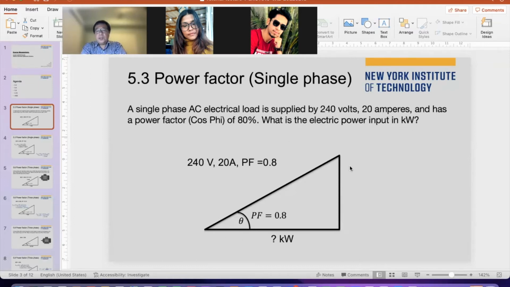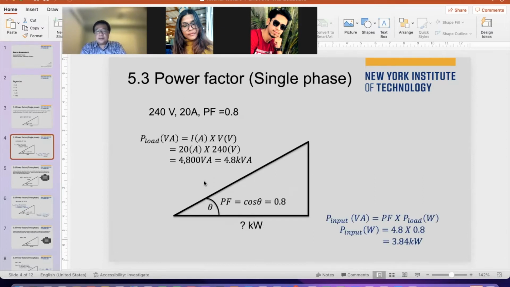After we construct the power triangle, we can calculate the apparent power by making use of P equal to voltage times current. Then we can obtain the number in terms of kVA.